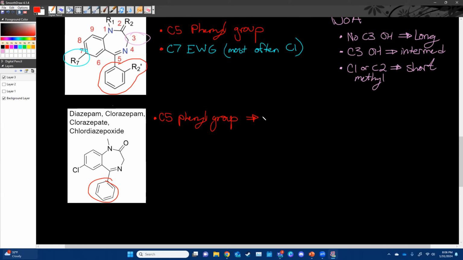This is a requirement for benzodiazepine activity. We have our C7 electron withdrawing group, which in this case is chlorine, which is another requirement for benzodiazepine activity.